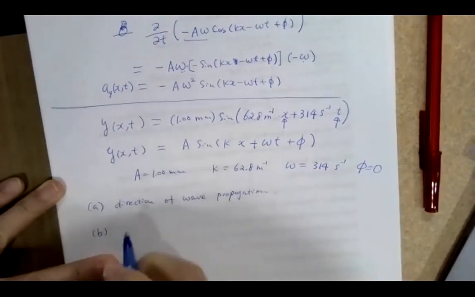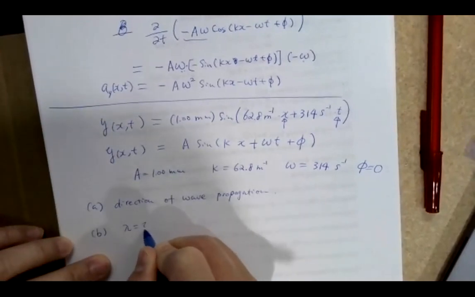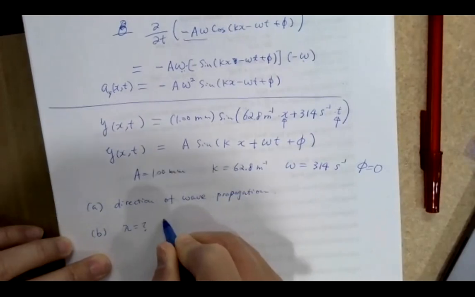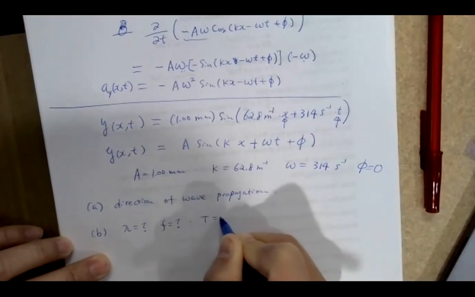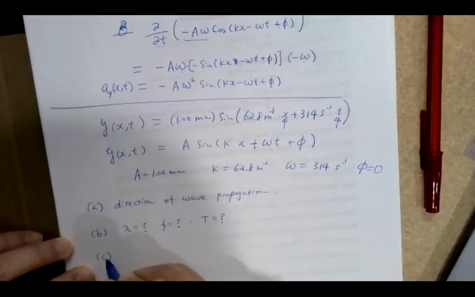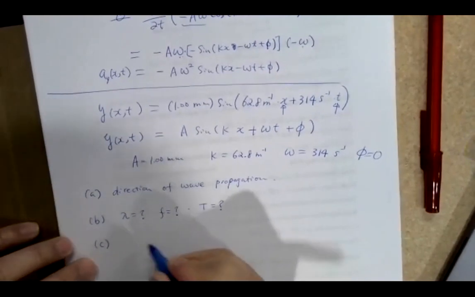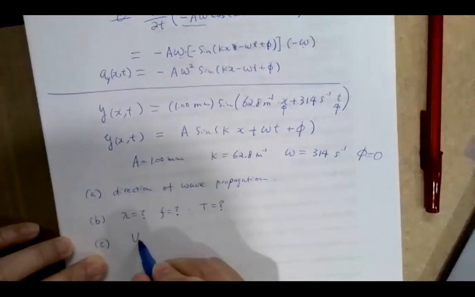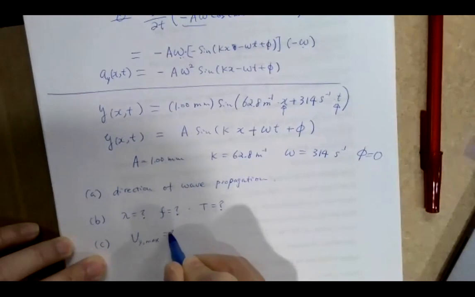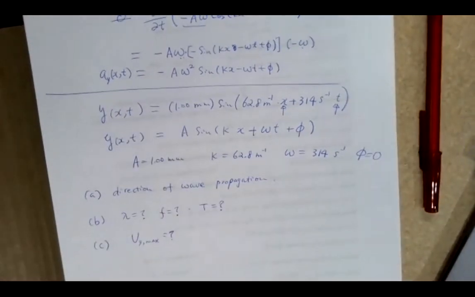Part B is asking what's the wavelength, what's the frequency, and what's the period of the wave. In part C, you're looking for the maximum speed of any point on the string.